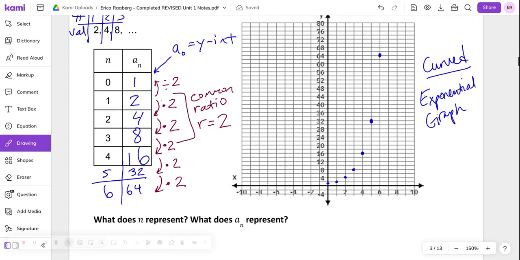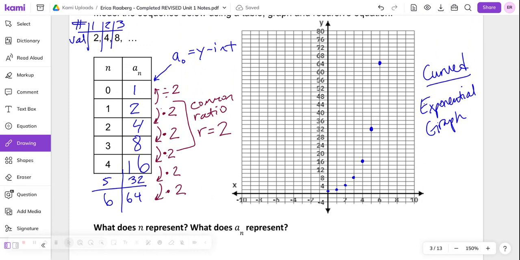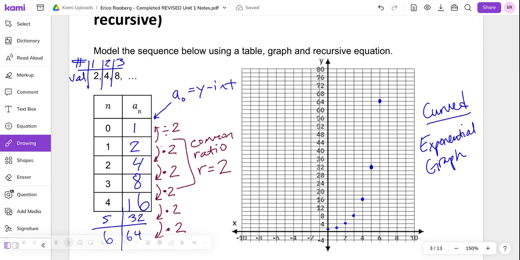All right, so we talked a little bit about what n and a sub n represents in the last section, 1.1, but just really quick, n represents the term number and a sub n represents the term value.